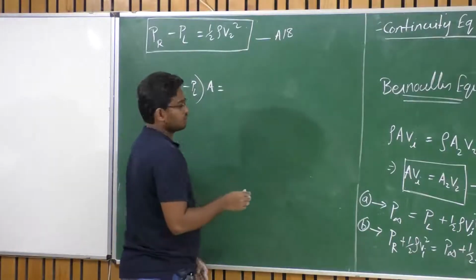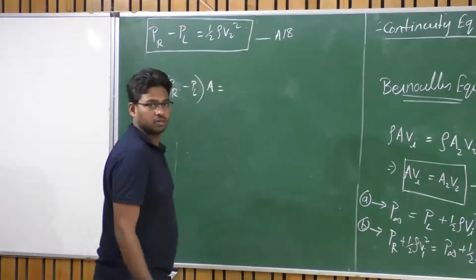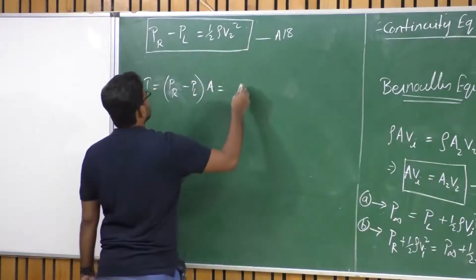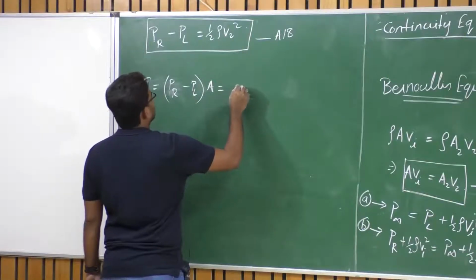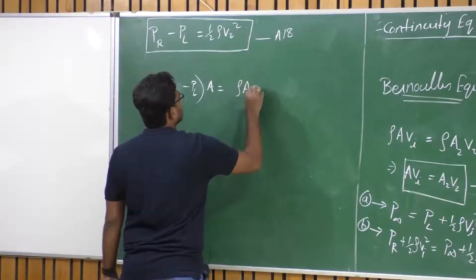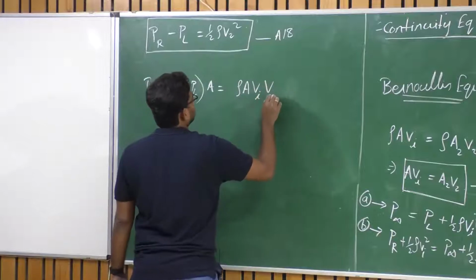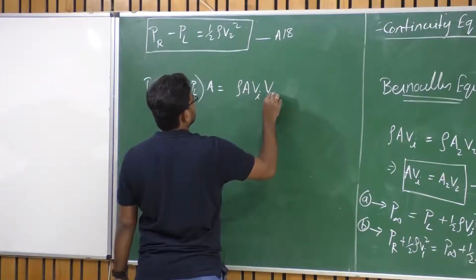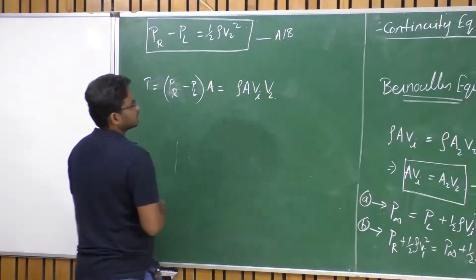Above equation, A16. Sorry, A17. So PR minus PL times A is equal to rho A Vi times V2. Right? Using 16 and 17.